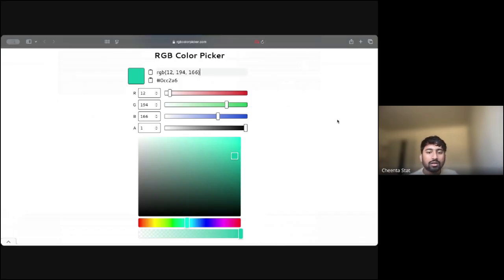And A is for transparency, how much opacity. Usually color is made up of these four dimensions.